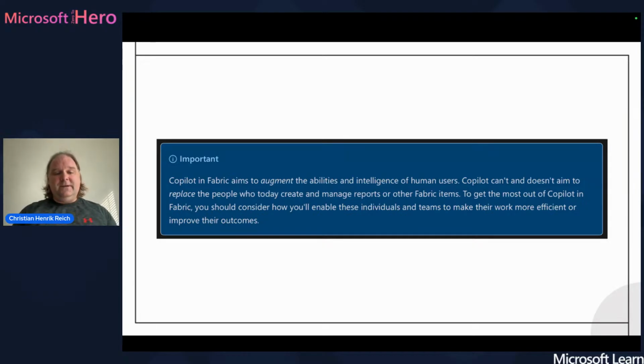But the intention is not to remove people; it's to augment people. And in my experience, work usually generates more work. There's a saying that the price of hard work is more hard work. So I think we're going to do a lot of work in the years to come.